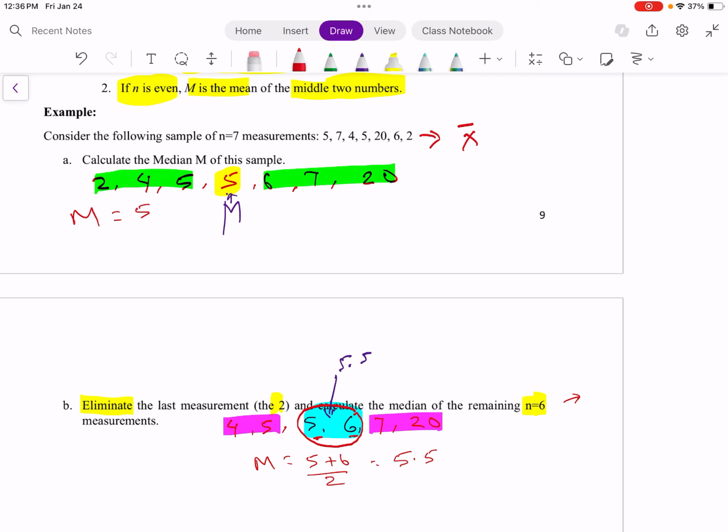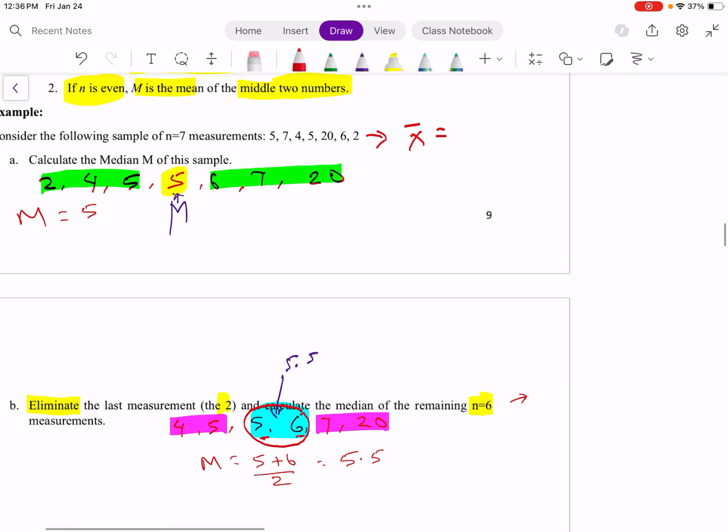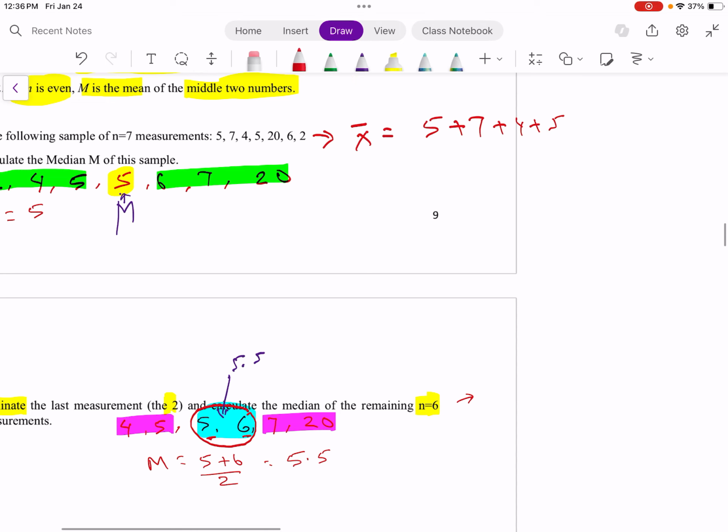X bar. So we add all of these measurements: 5 plus 7 plus 4 plus 5 plus 20 plus 6 plus 2, divided by 7 measurements. That's 12, 16, 21, 41, 47, 49, divided by 7.